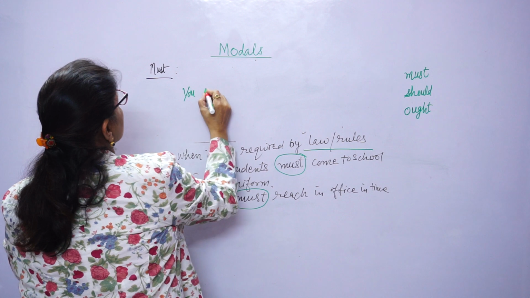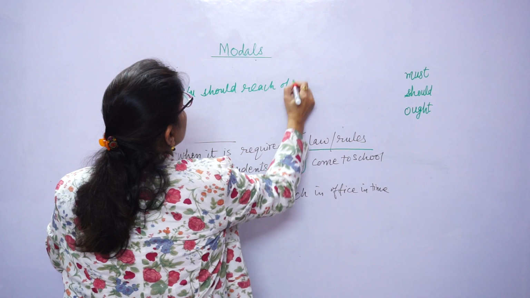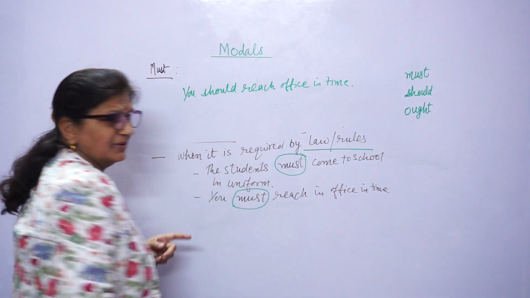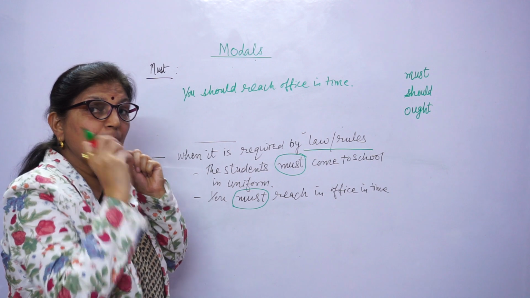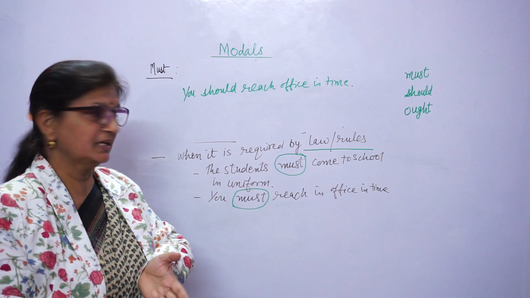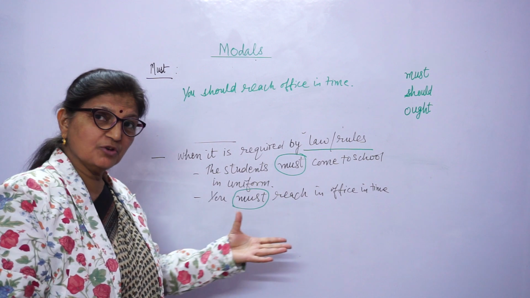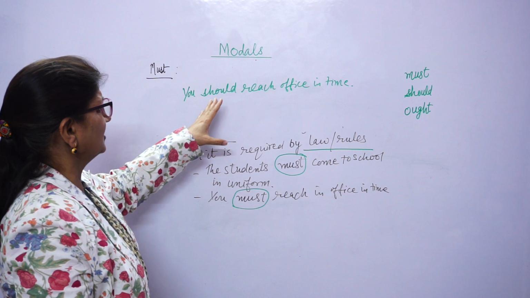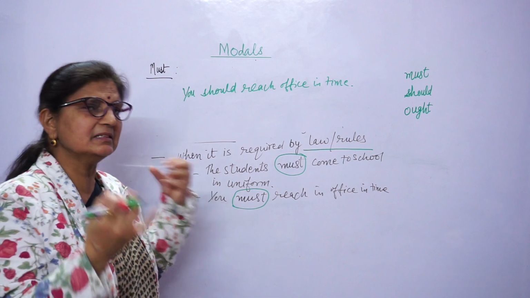You should reach office in time. Now what's the difference? Here must, when you say something obligation, required by law or rules, otherwise you will be punished. If students don't come in uniform, they will be punished. If you don't reach office in time, there should be some penalty. But if you use should, then it is moral obligation. It is right for you.